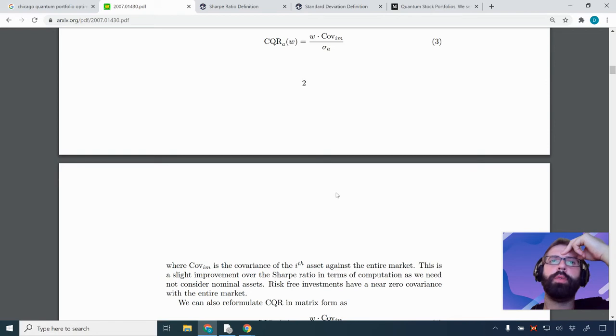This is a slight improvement over the Sharpe ratio in terms of computation, as we need not consider nominal assets. Risk-free investments have a near-zero covariance with the entire market.